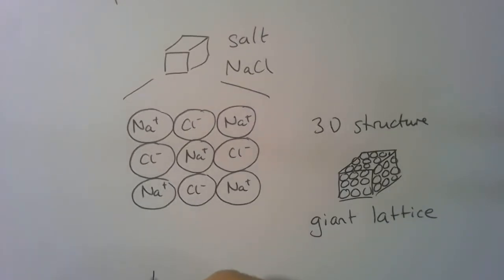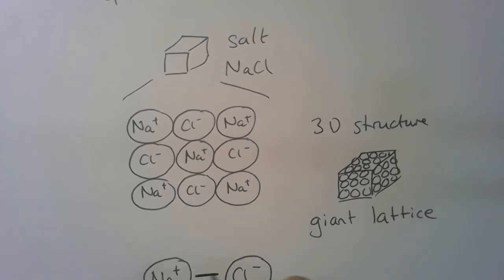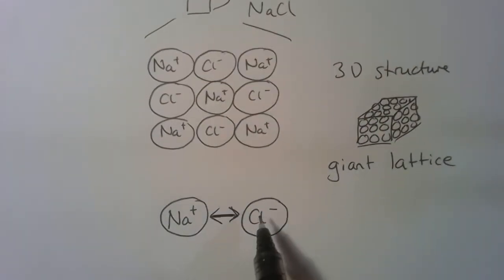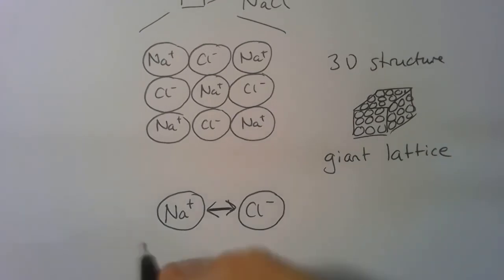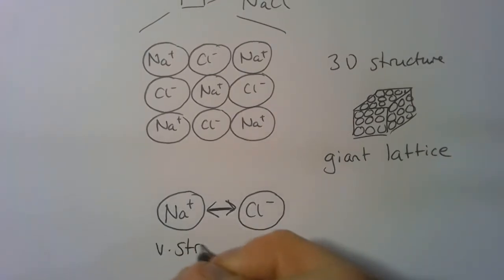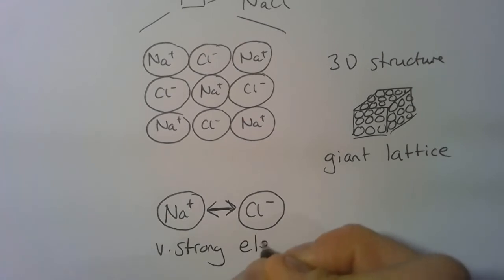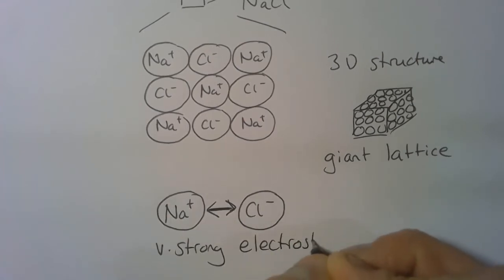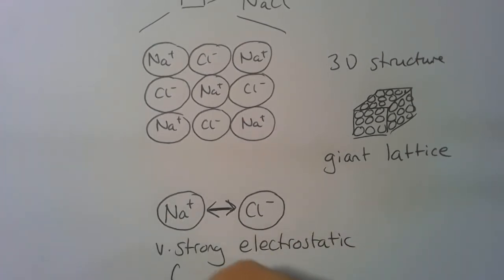So within the lattice, there is a very strong attraction between our oppositely charged ions. So the positive charge on the sodium is attracted to the negative charge on the chloride ion and vice versa. And we say that this is a very strong electrostatic attraction or electrostatic force of attraction.